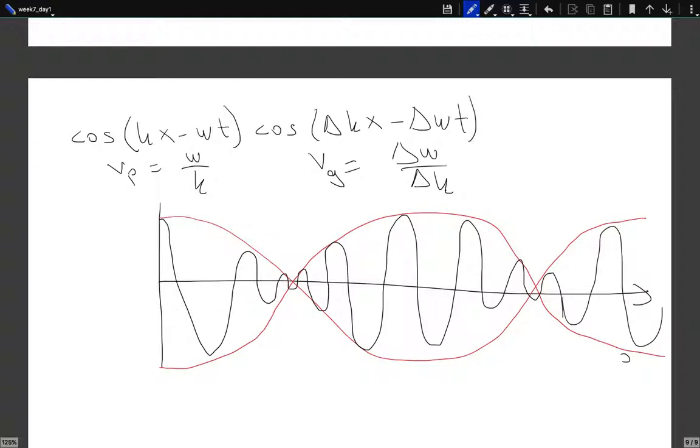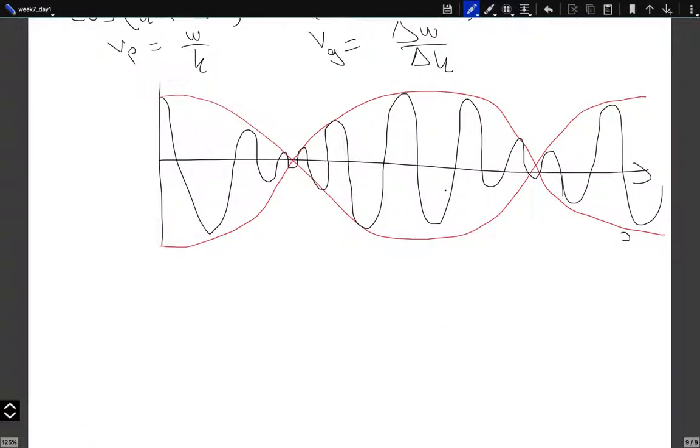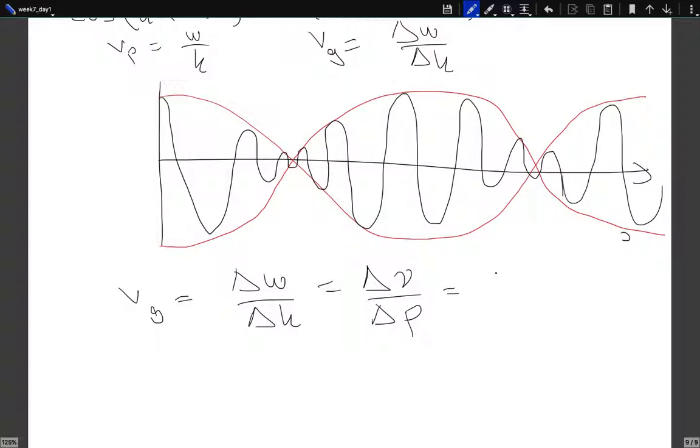Now, what is the velocity of this group velocity? Well, let's see. The group velocity is delta omega by delta k, or delta nu by delta p, just divide or multiply by suitable 2 pi's, or, no, sorry, this is delta E by delta p.